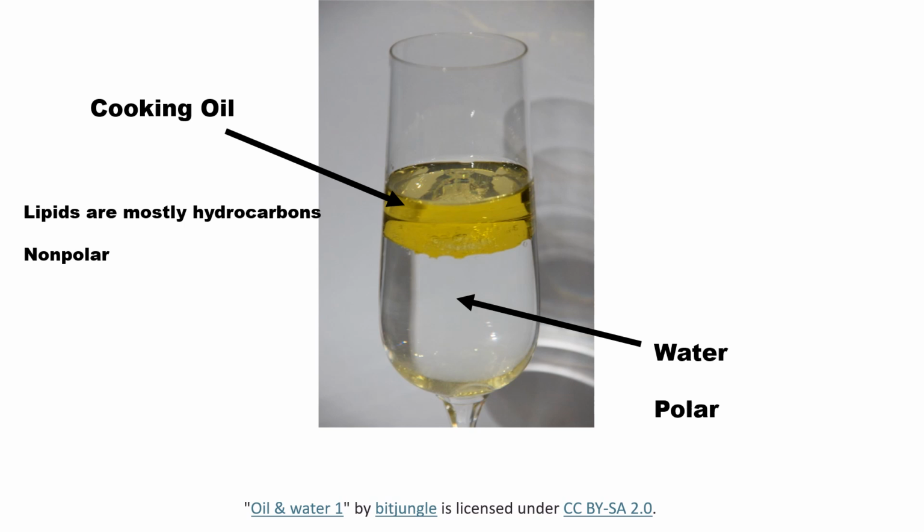We know that hydrocarbons are nonpolar. So what you're doing when you take cooking oil and put it into water is you're actually taking a whole bunch of nonpolar hydrocarbons and putting them with a whole bunch of polar water molecules. They end up entirely repelling one another and 2 separate layers are created.